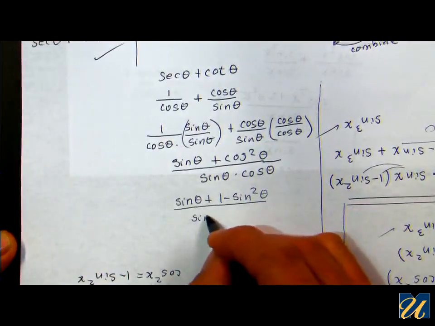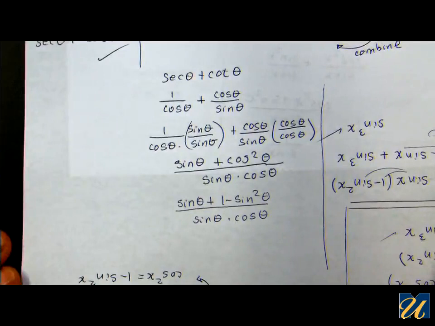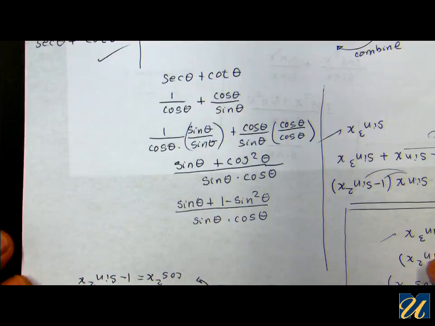And that's divided by sine theta times cosine theta. Not seeing how this will go to the original left side. So it could be there's a mistake. It could be we're not yet seeing the correct way.